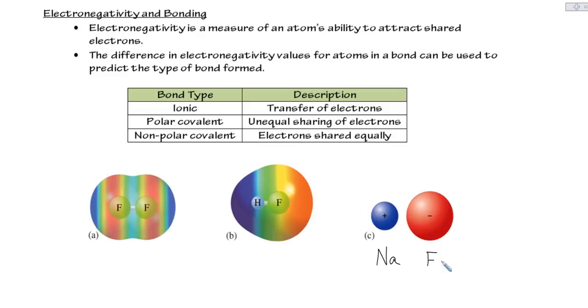Now, they're both sharing the electrons. They both need to share in order to get a full stable octet, like hydrogen and fluorine. But they don't have to share equally. Hydrogen and fluorine have very different electronegativity values. Fluorine's is obviously higher, so the electrons will be held closer to the fluorine atom.